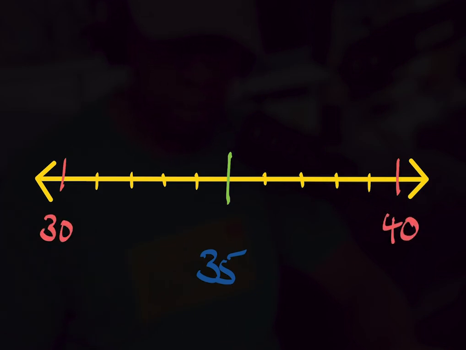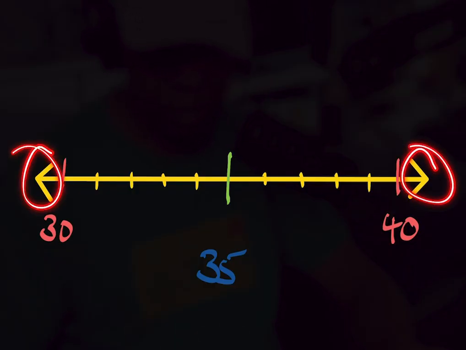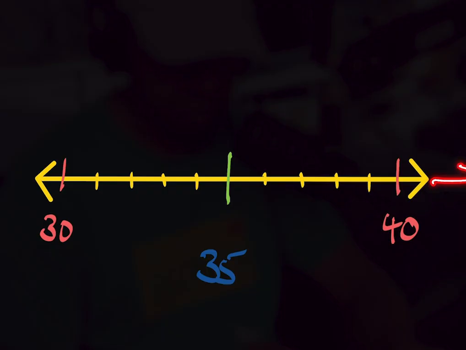There were 35 people playing tennis. There's a 3 in the tens place, which means I'm going to label my number line beginning with 30 and ending with 40. Now you may notice that the arrows on the number line let us know that it goes on forever in both directions. We have just zoomed in to the part of the number line that is useful.